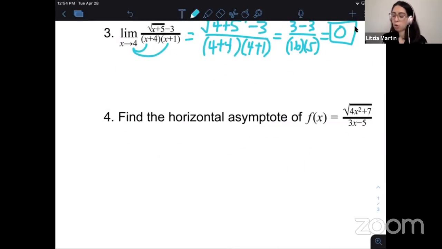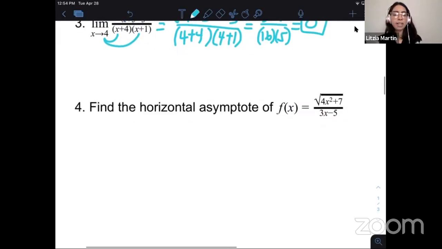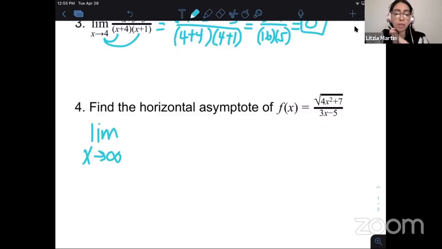So let's take a look at number 4 here. We want to find the horizontal asymptote of the function f of x equal to root 4x squared plus 7 divided by 3x minus 5. In order to find the horizontal asymptote, remember what we want to check is what the limit is doing as x approaches infinity, and also what the limit is doing as x approaches negative infinity.